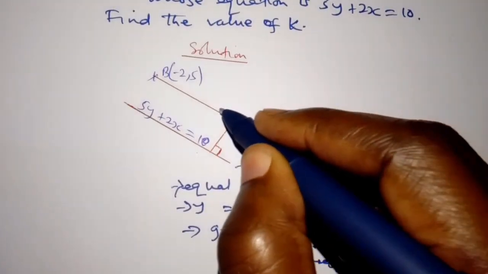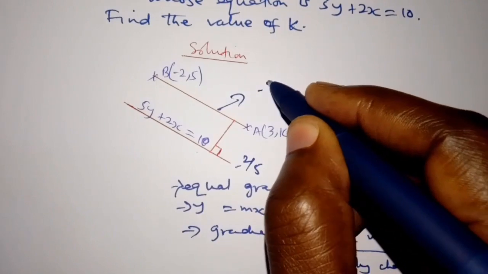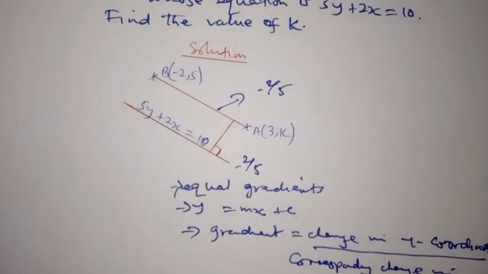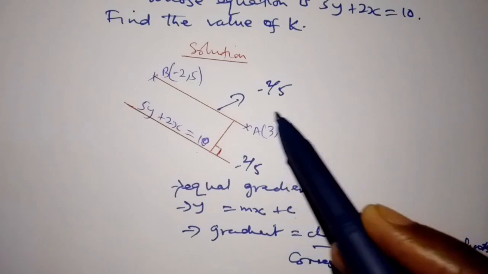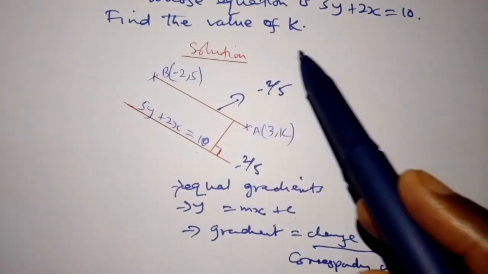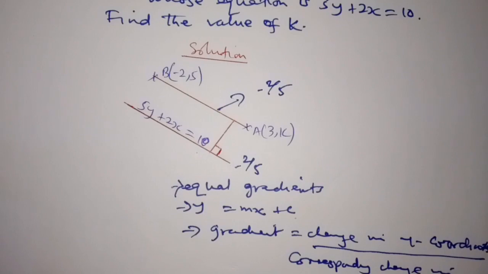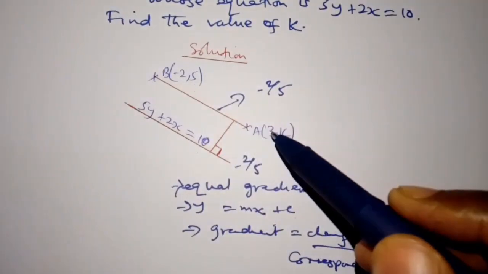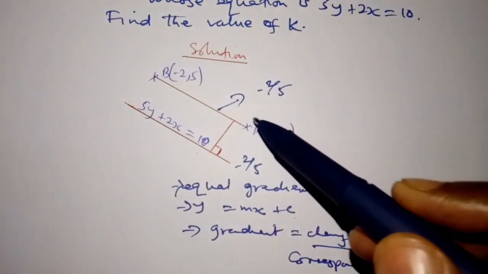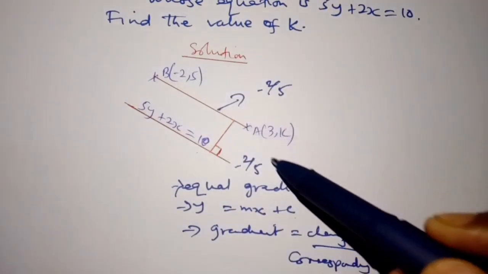It means that the gradient of this line also is negative 2 over 5. So now we want to find the value of k. We can write an equation to find the gradient of this other line.